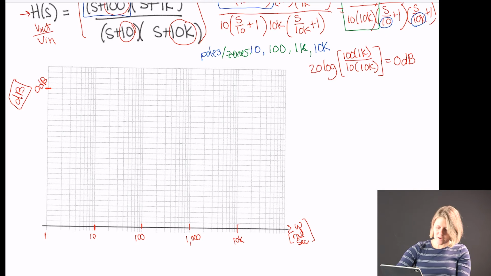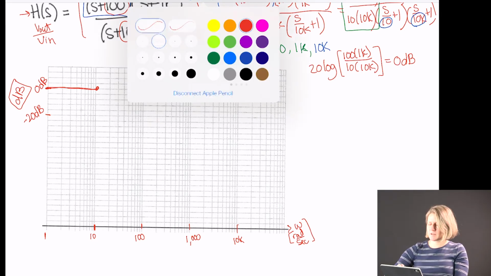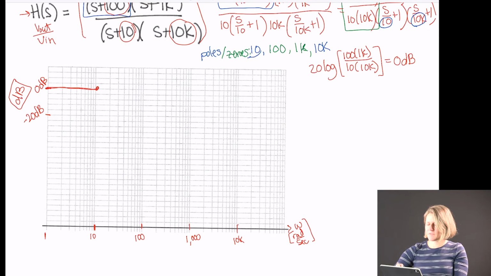So I'm going to mark this point here as minus 20 dB, and I'm going to have this flat value until I reach the first point of 10. So at 10, I have a pole, which means that it changes it by minus 20 dB per decade.